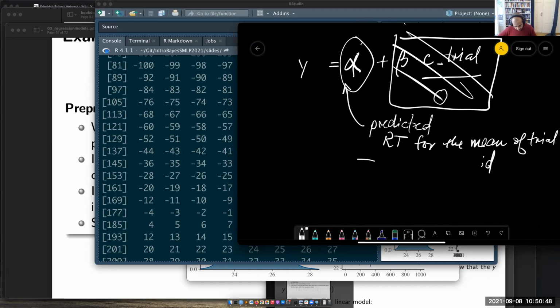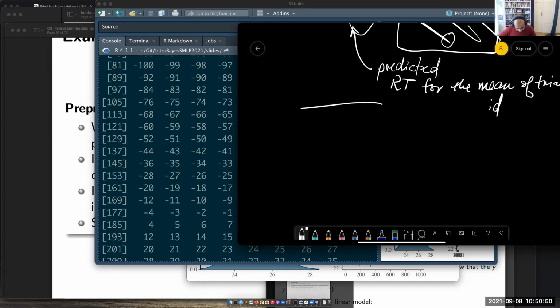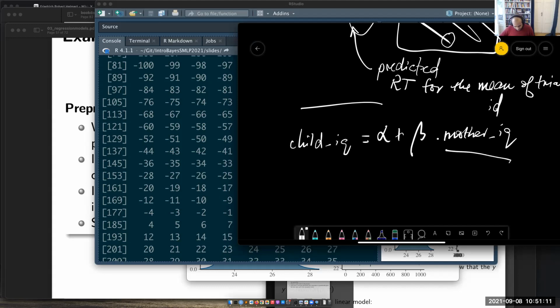This is actually very important in some situations. Suppose you're modeling the child's IQ as a function of the mother's IQ. So the mother's IQ could be the predictor. If you fit a simple linear model like this, and you don't center the mother's IQ, then what is the meaning of this alpha parameter? It means that when the mother's IQ is 0, the predicted IQ of the child is whatever.